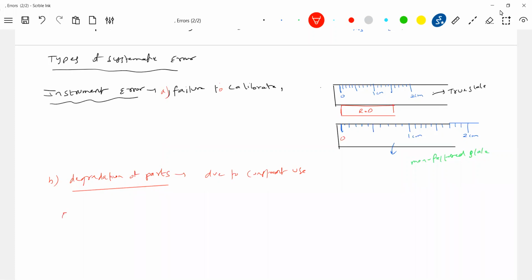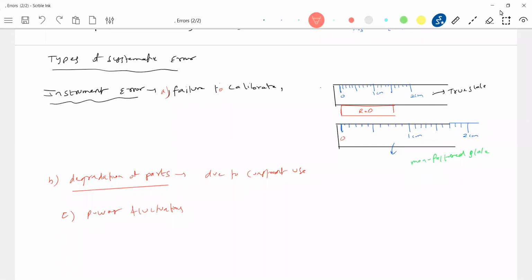Next, the third one, power failure, or power fluctuation. Some of the instruments work on power. Due to power fluctuation, they read some other values, especially electrical and electronic equipment which work on power.